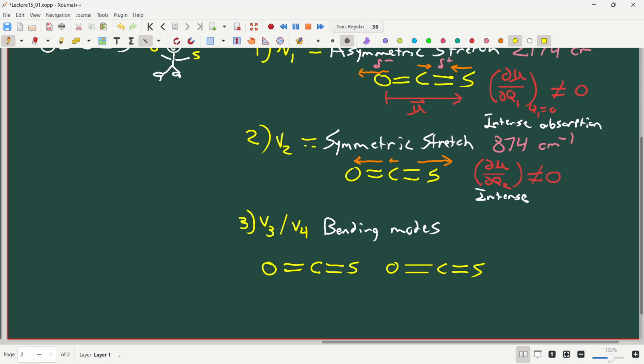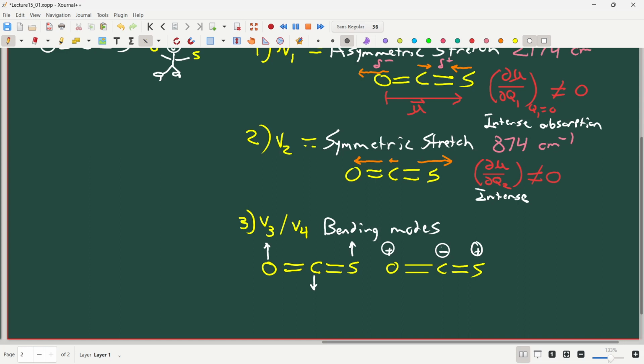So there's one that looks just like what he drew, where the O and the S bend upwards, and the carbon bends downwards to compensate for the change in the center of mass. But there's an equivalent motion that you can do that's in a perpendicular direction. It's an orthogonal motion, but it's precisely the same motion, right? Where the oxygen and the sulfur come out of the plane of the board, and the carbon goes into the plane of the board.